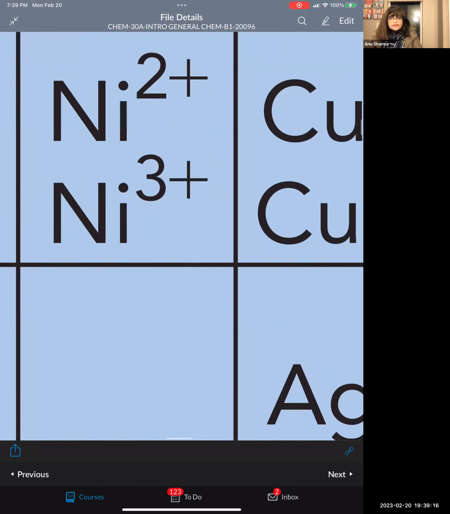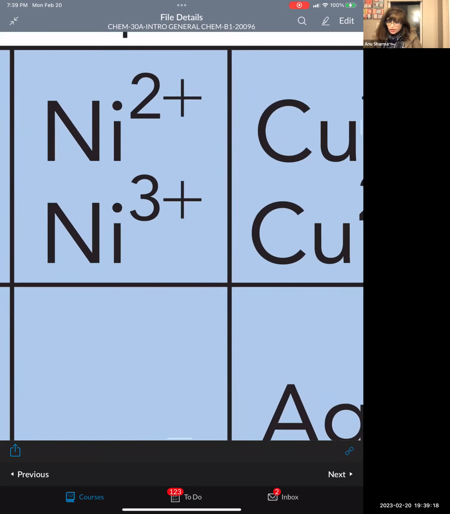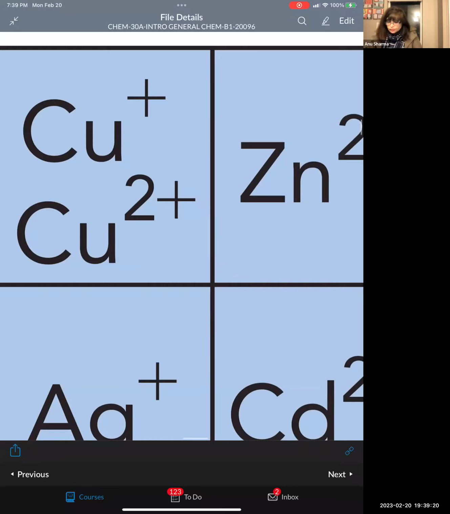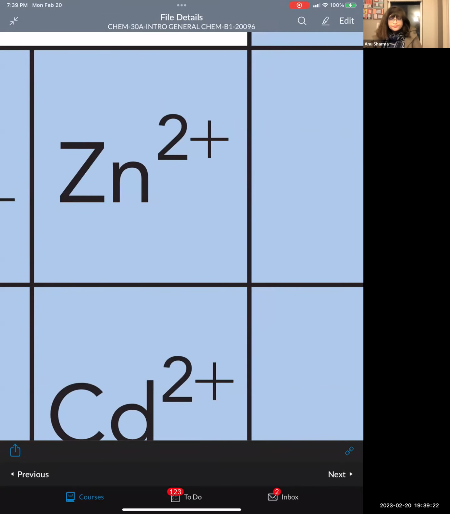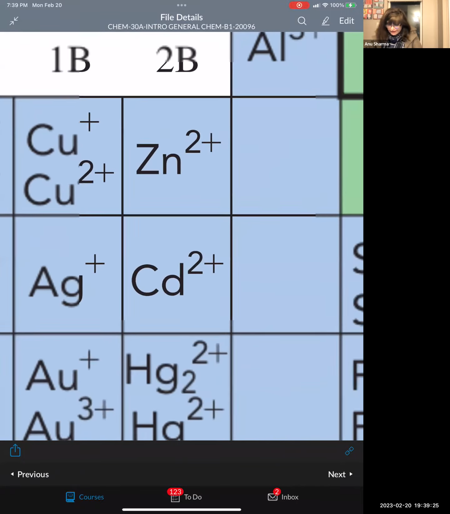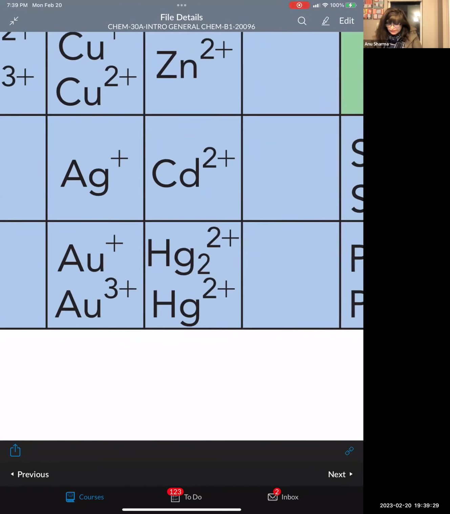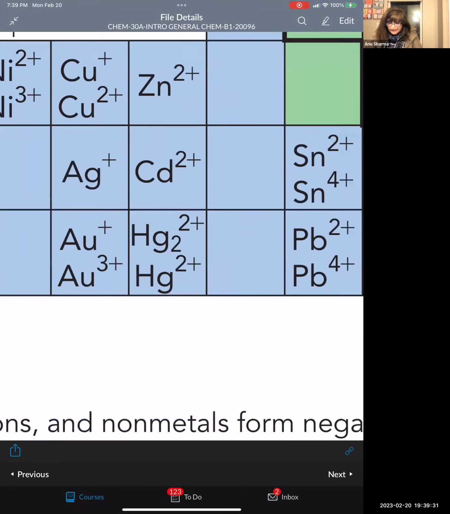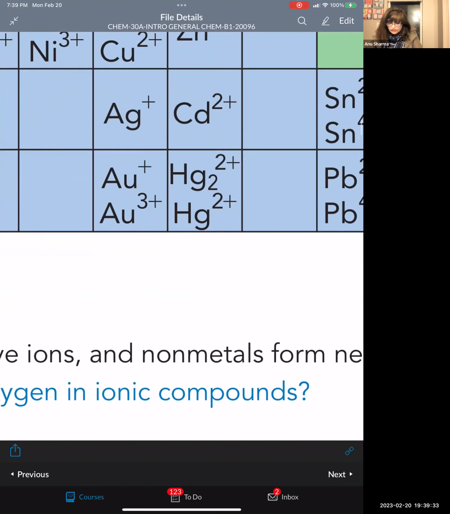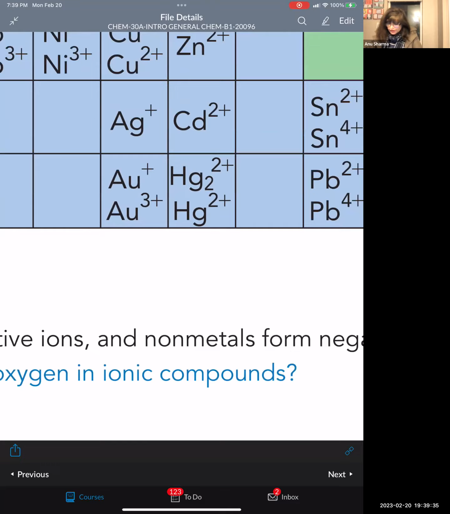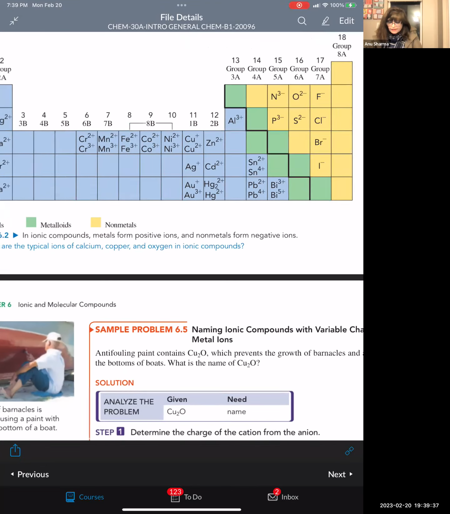Nickel, +2 and +3. So you see +2 is common in all. Copper, +1 and +2. Zinc is only +2. Zinc is not in a variable valence state. Silver also has +2. I don't know why they didn't write it here, but silver is +1 and +2. Cadmium +2. Gold +1 and +3, and mercury. Okay. So these are called variable valence states.